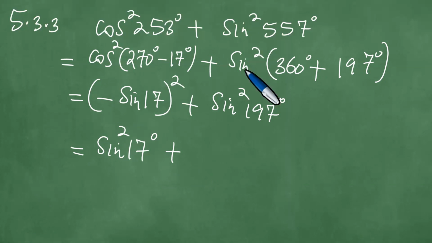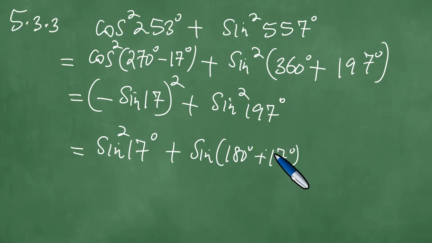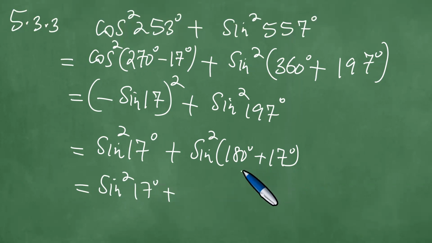Then we have exactly the sine squared of this one, 197, and therefore that is 180 plus 17. Now, 180 plus is in the third quadrant in which the sign is negative.